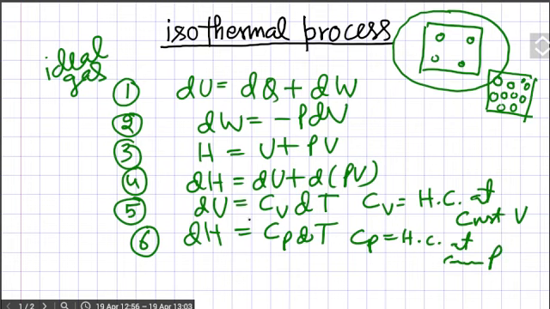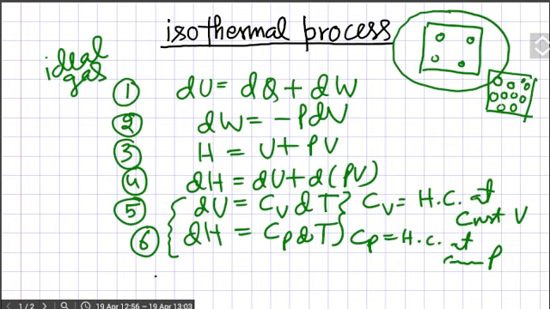Because for ideal gas both these formulas are valid, but if you take a real gas, you can use this equation only for a constant volume process, and this only for a constant pressure process. But for ideal gas both equations will be true. That is the important point.